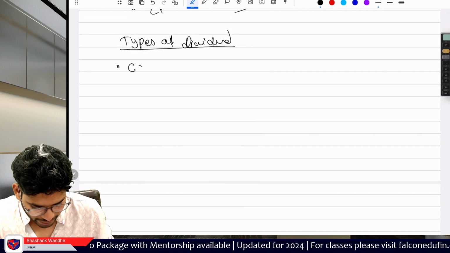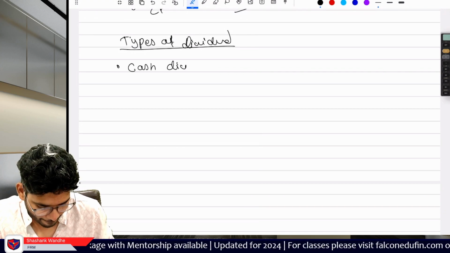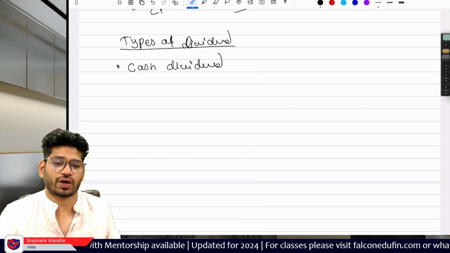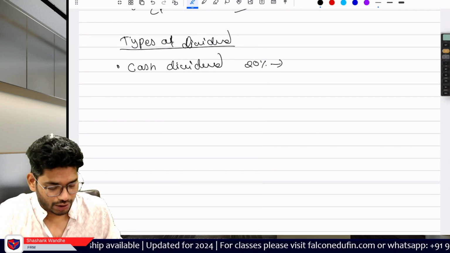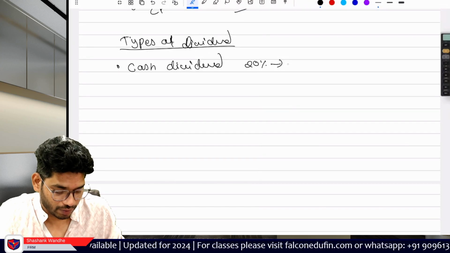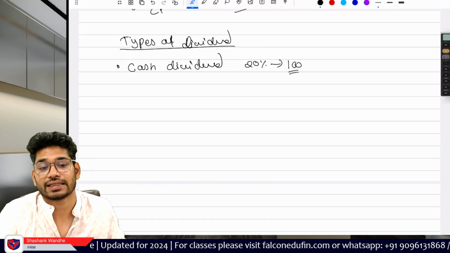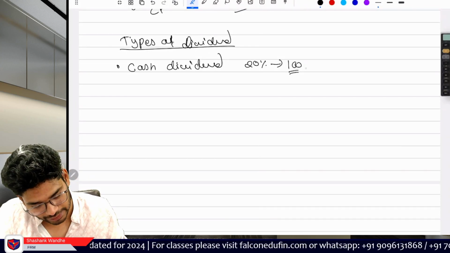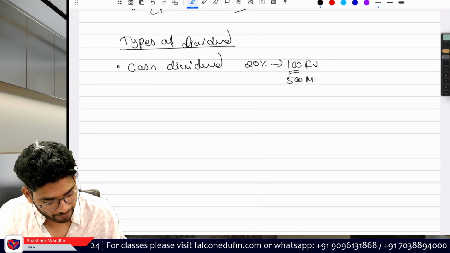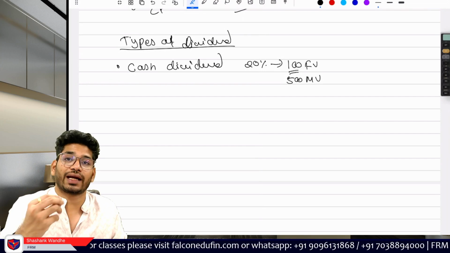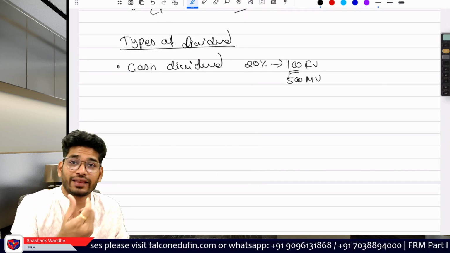First is the cash dividend. Say the company declared a 20% dividend this year. Assume the face value of the share is 100, and 500 is the market value of the share. You will get 20% dividend on the face value.